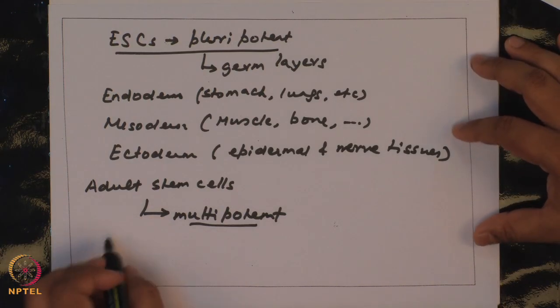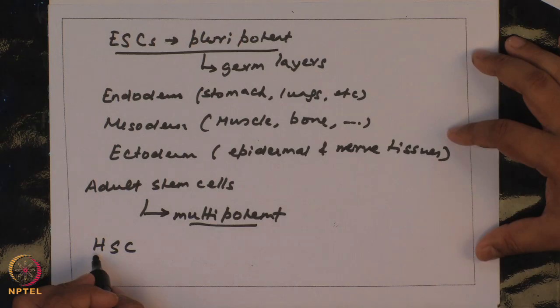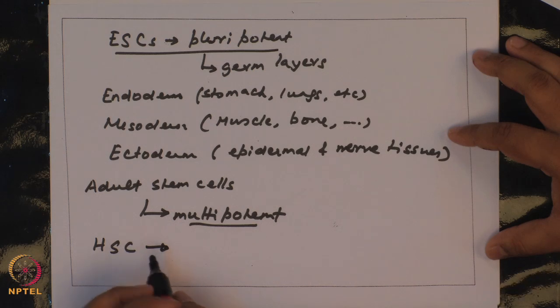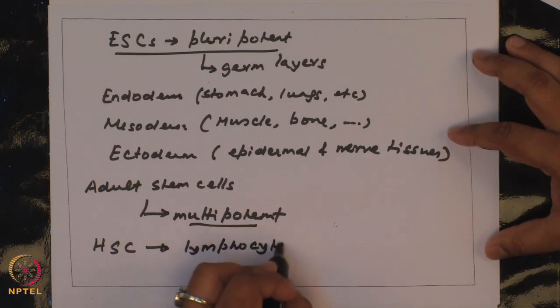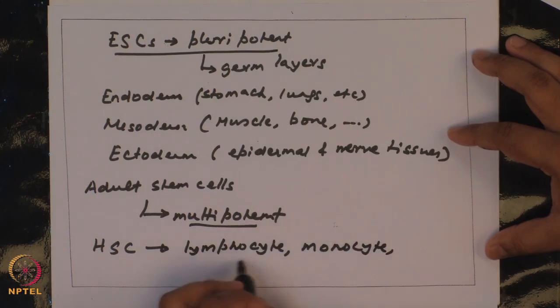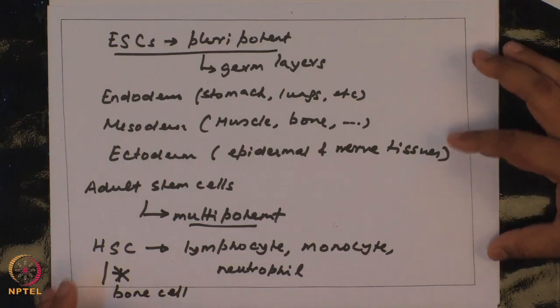For example, a hematopoietic stem cell, H is for hematopoietic, can give rise to all blood cell types, including lymphocyte, monocyte and neutrophil. But it cannot give rise to a bone cell. So, this is called multipotent.